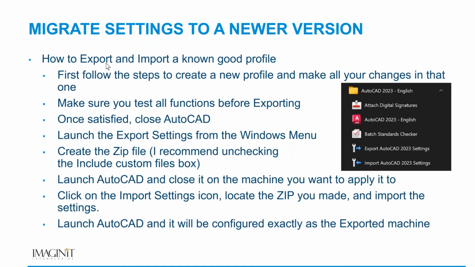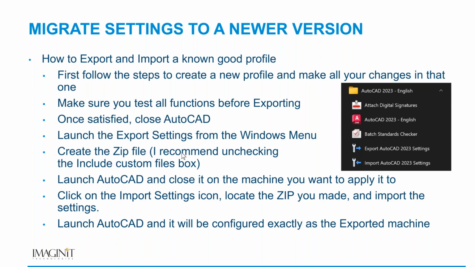Now, how to export and import a known good profile. So this is how we take information and go from same version to same version to same version across machines. So you get your one machine set up exactly how you want, right? You've tested all of your functions. You close AutoCAD. We launch the export settings here.